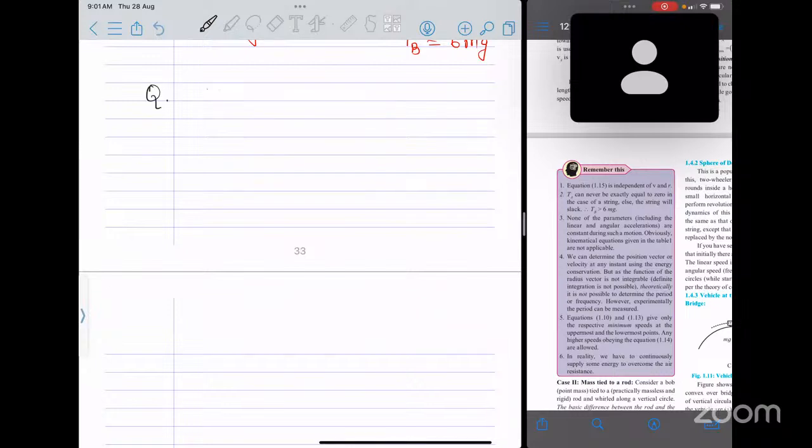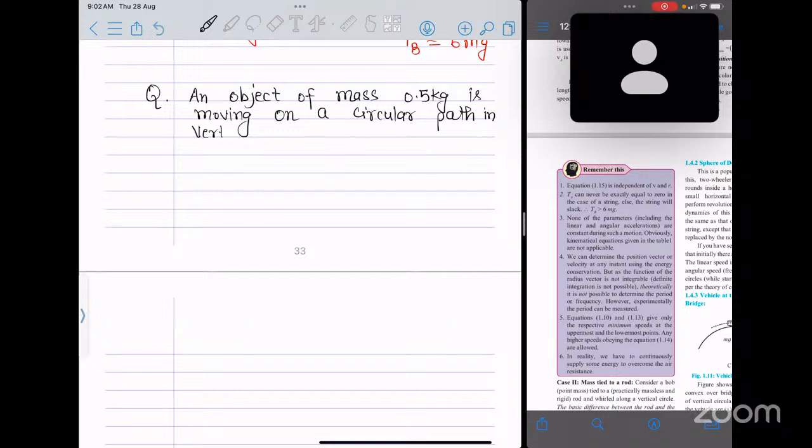Question number 1. An object of mass 0.5 kg is moving on a circular path in a vertical plane.